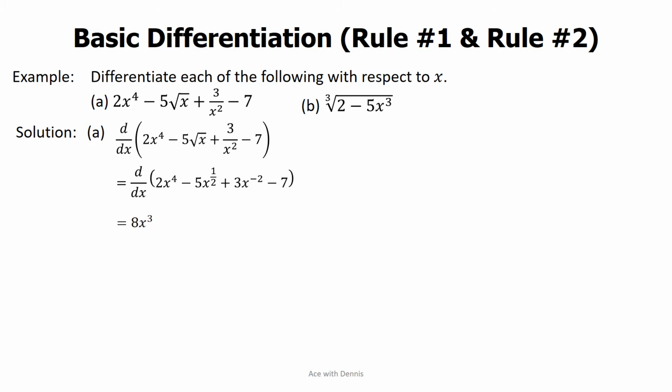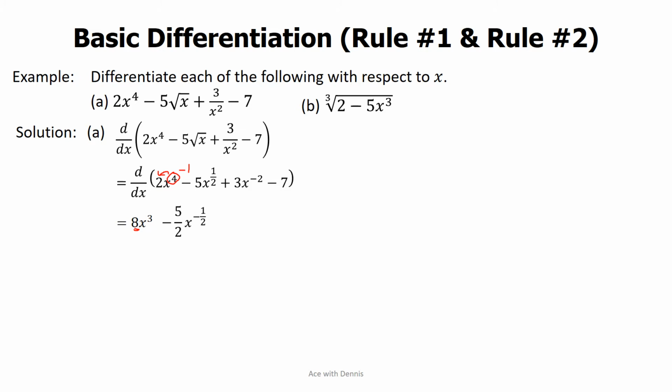So 2x to the power 4 will become 8x cubed. How do we get the 8x cubed? We just take the power, bring it down, multiply with the 2, so then it becomes 8. Then power minus 1, then it becomes 3. So the differentiation of 2x to the power 4 becomes 8x cubed.